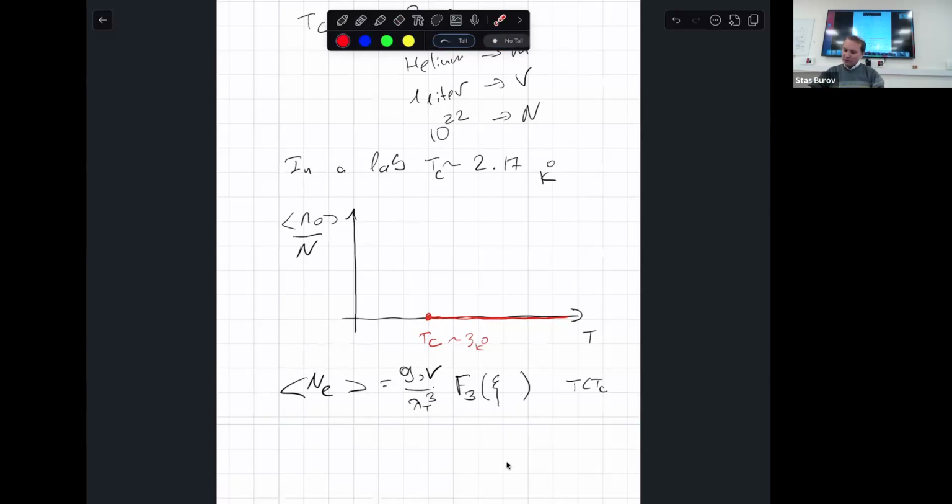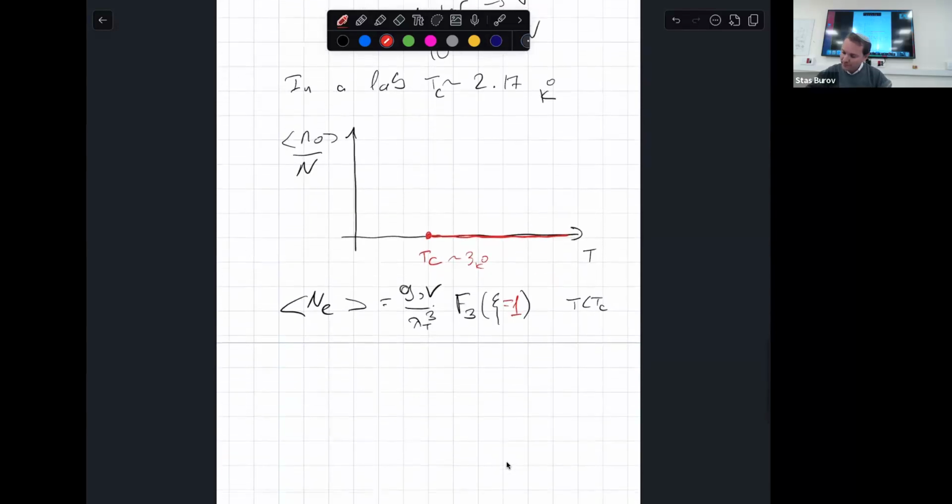This can be whatever I like, this part. This also, lambda T, depends on the temperature. I can control the temperature. And the only thing that's uncontrollable when it's getting stuck is the fugacity. So for T below TC, the fugacity has to be equal to exactly 1. Okay, that's what happens.